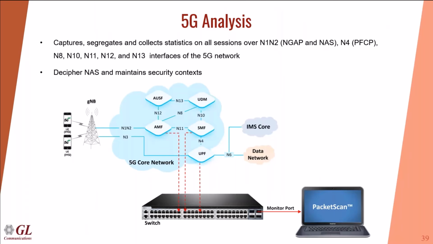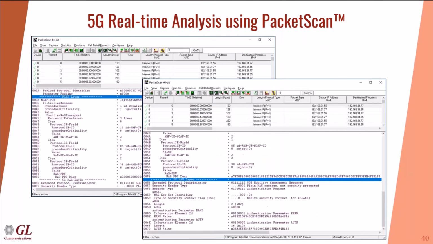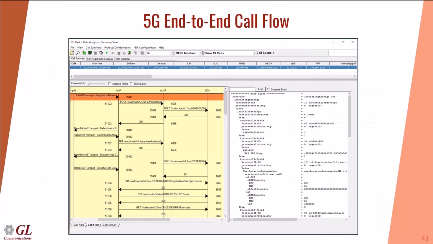We can also monitor the complete IMS call and N1, N2, and PFCP. And if the SBI interfaces are available, it can decipher those as well. This is the packet scan decodes of the 5G, showing how packet scan can monitor and show the end-to-end 5G call flow.